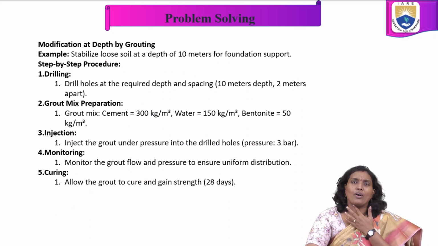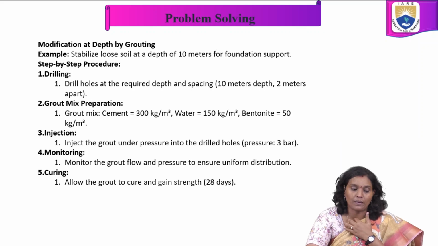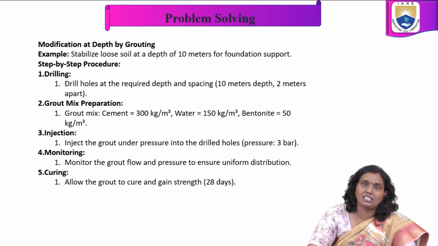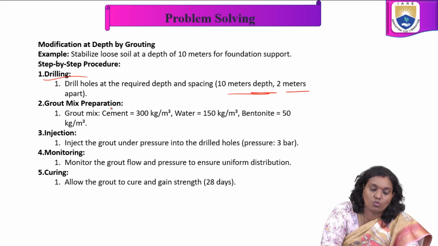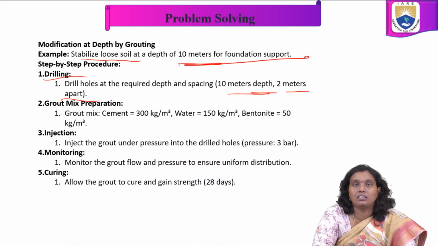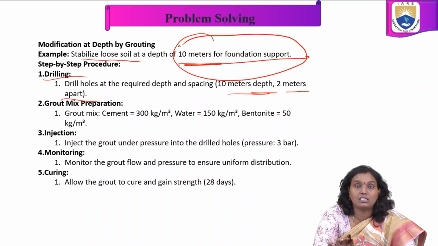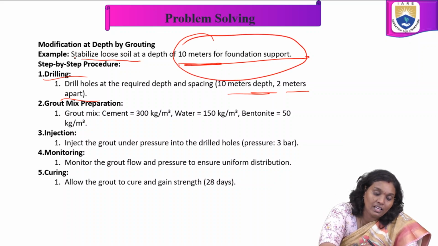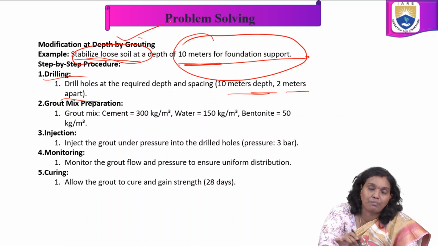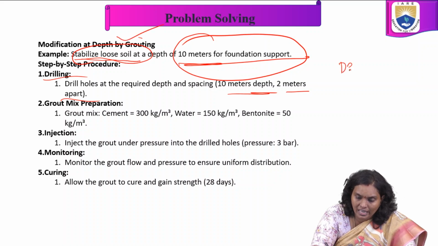So in this, modification at depth by grouting. The step-by-step procedure is drilling holes at the required depth, that is 10 meters, and 2 meters apart. Here we stabilize the loose soil at a depth of 10 meters for the foundation support. So depth grouting is the technique.